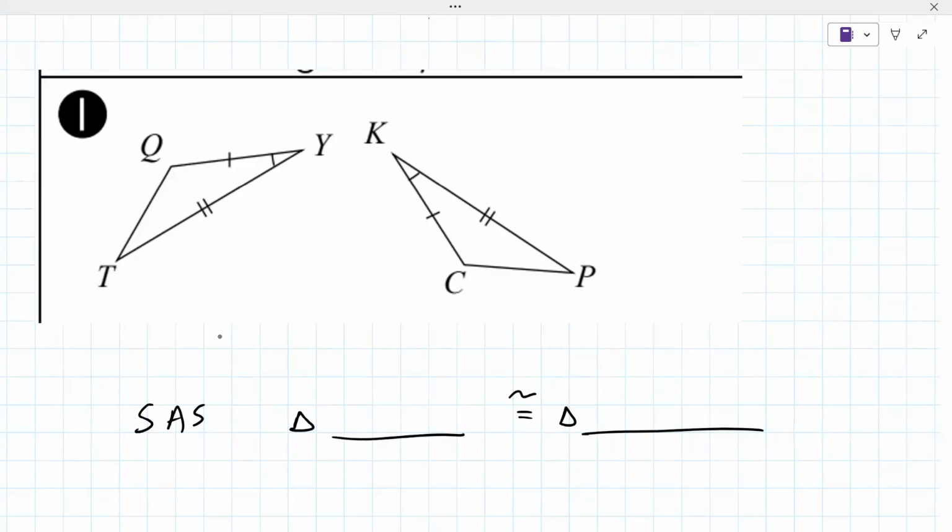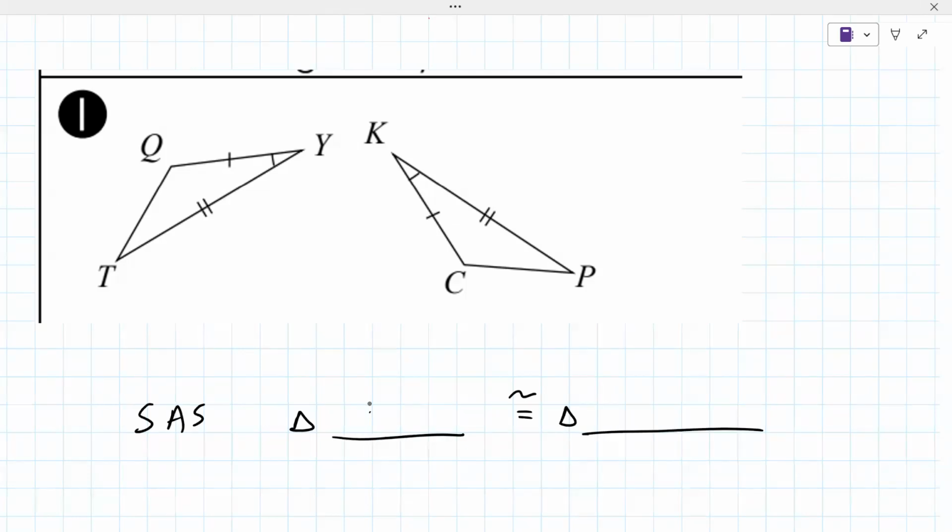You've got to write them out, which means you've got to pick a place to start. Really, it can be any order on the first one. So would TYQ work? It doesn't matter.